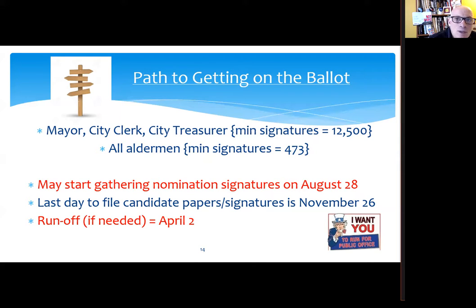I must start when I'm told to start, and I have to stop when I'm told to stop. There's usually a last day or notification that says, this is the day when you have to file all your papers and present them in a proper form to the Board of Elections. And so that's how we know who's presenting themselves for candidacy.